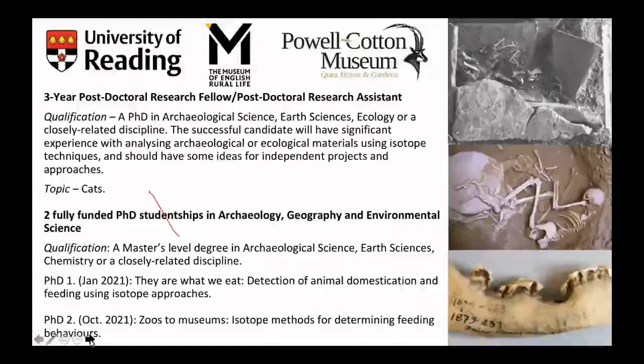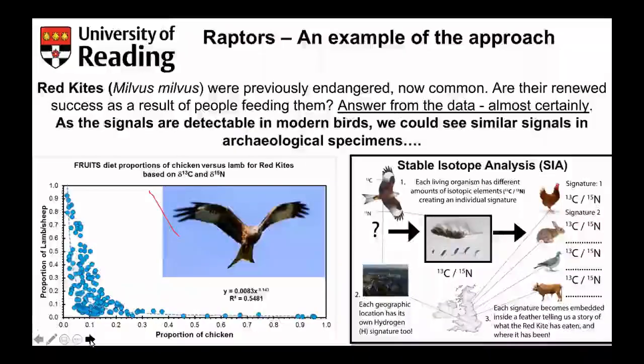So Stuart, shall I click onto the next slide where you can give an example of the kind of things we've been doing? Yeah, please. So this is just an example of the sort of things that we've been doing and can do.